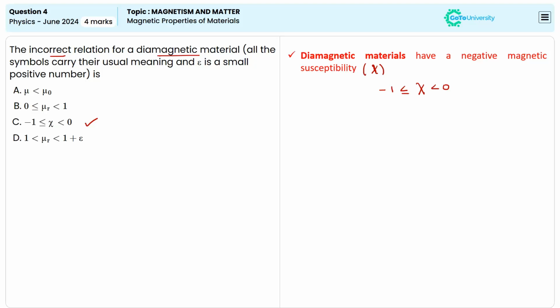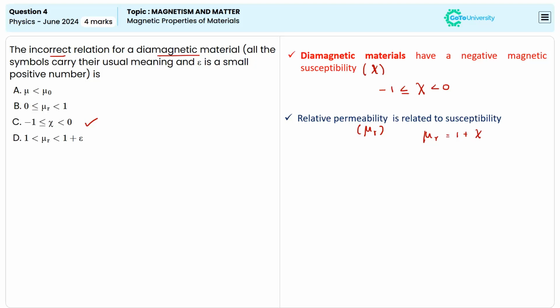It's known that relative permeability is related to susceptibility, and relative permeability is represented by the letter mu r. The relation between mu r and the susceptibility is mu r equals 1 plus chi.